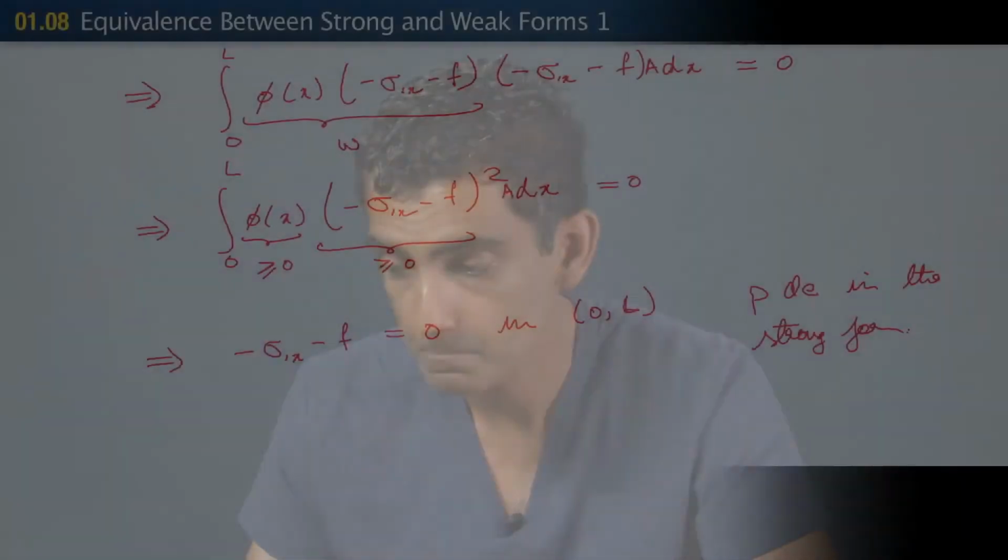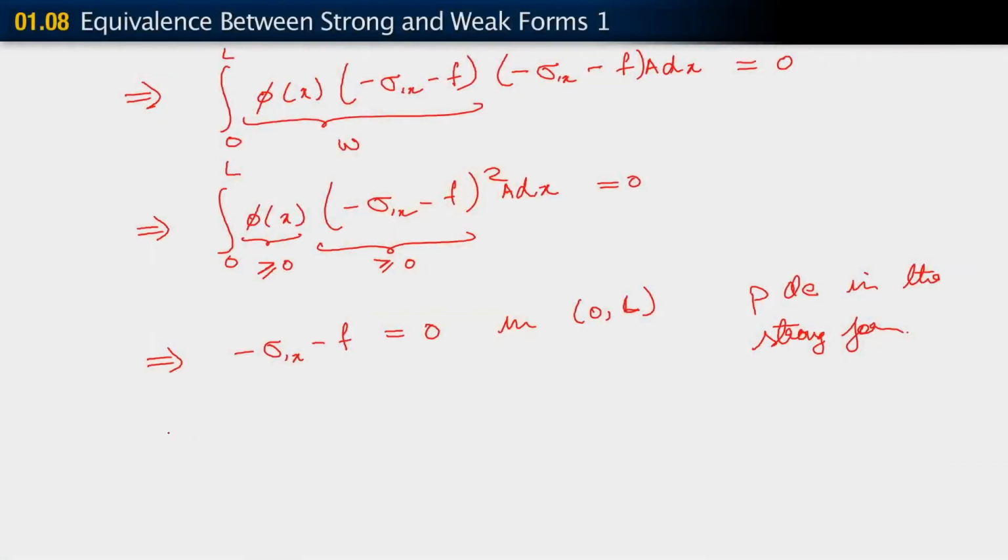Let's continue then. So what we've demonstrated when we consider the weak form, since it holds for all W, it also holds for a certain choice of W, which reveals to us that the PDE of the strong form must hold. Okay? Let's continue with that exercise now.